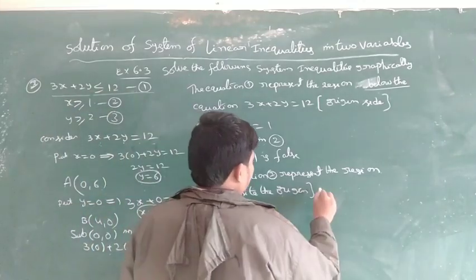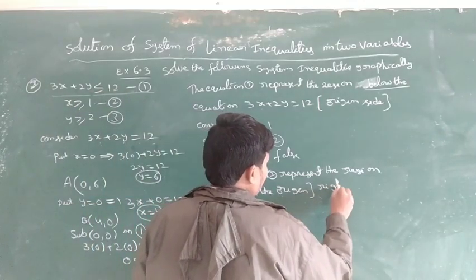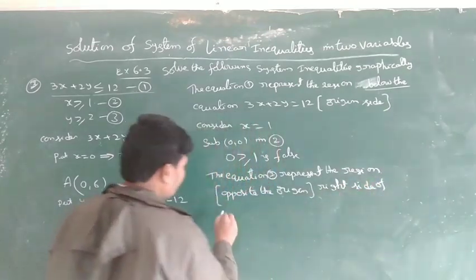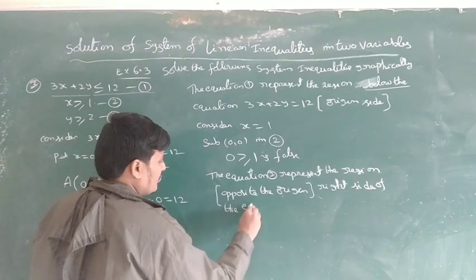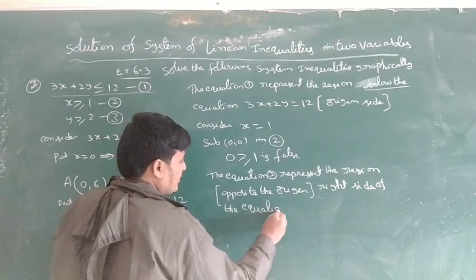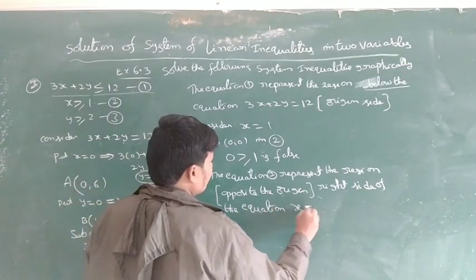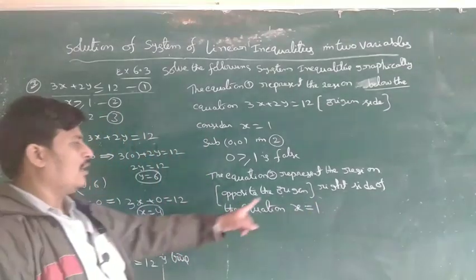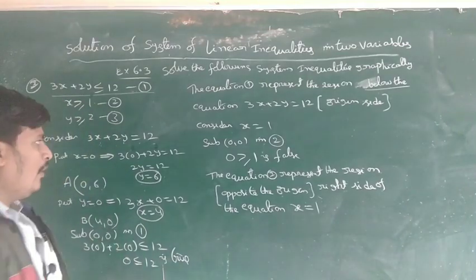The region is the right side of the equation x is equal to 1. Right side, or false means opposite the origin.